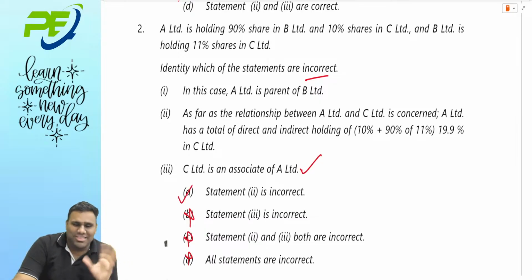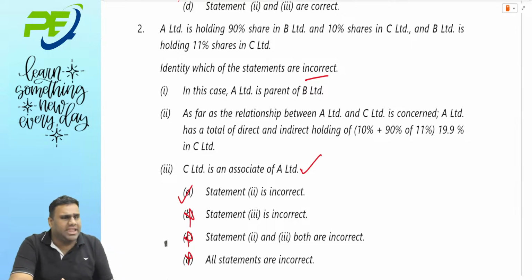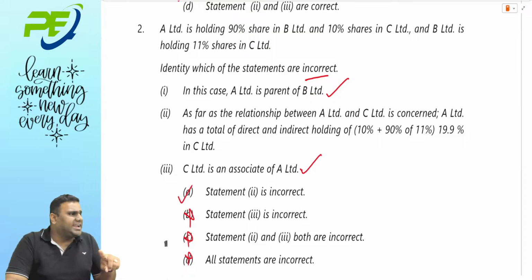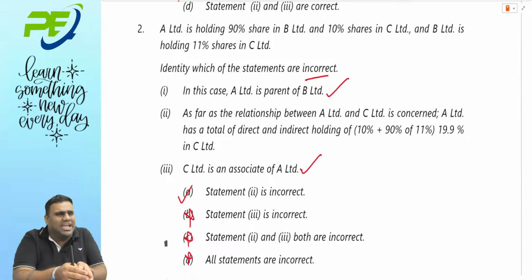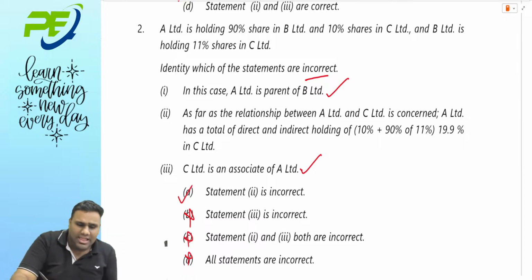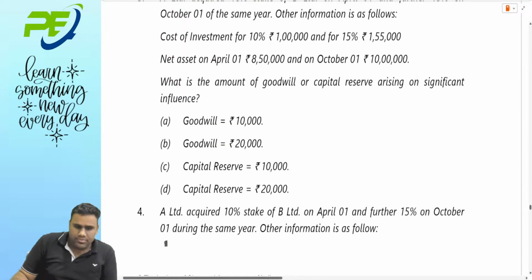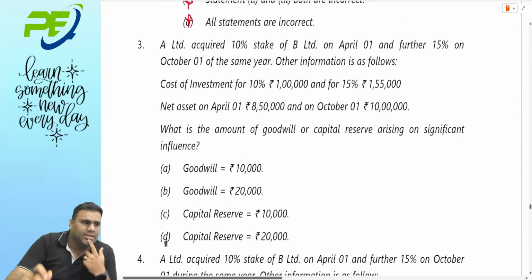So in this case, A Limited is parent. Between A and B, holding subsidiaries, as far as the relationship between A and C is concerned, A Limited has a total direct and indirect holding of 21%. Only for the purpose of consolidation, it is 19.9. So this statement is incorrect. Yes, come on, everyone.